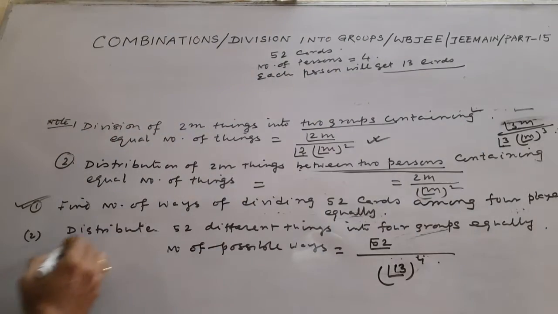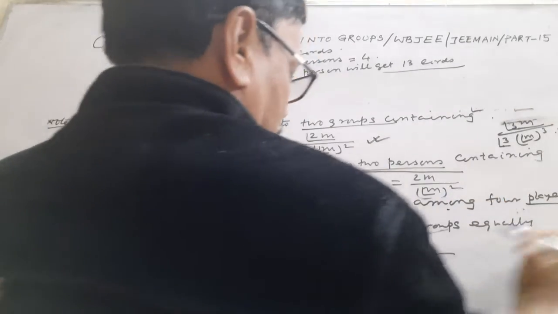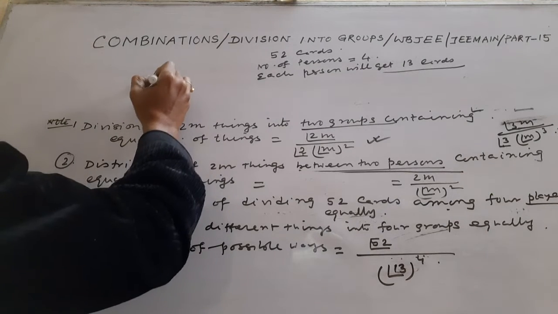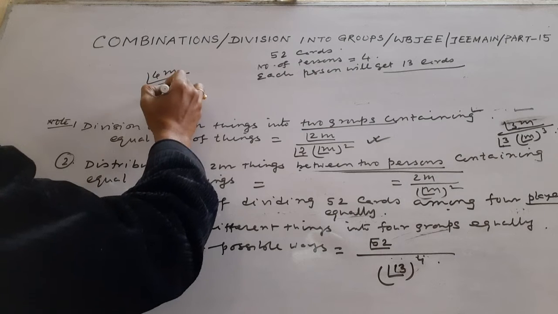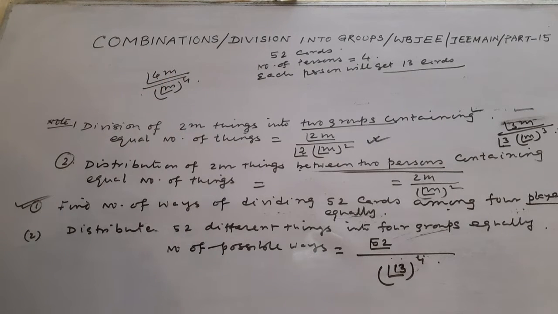Now look at the language. Find the number of ways it is divided among 4 players, 4 persons. So the formula is factorial 4m by factorial m whole to the power 4. This 4 is not present.